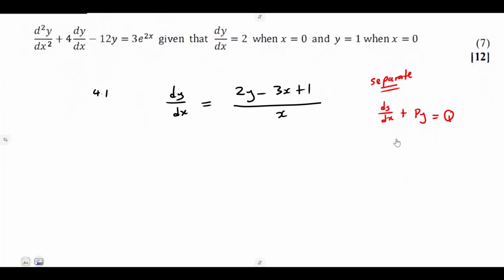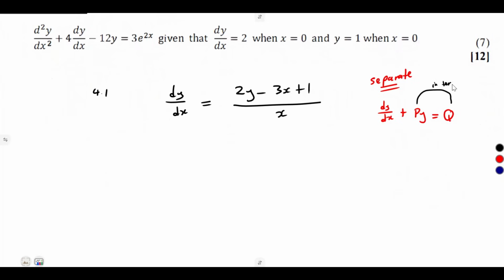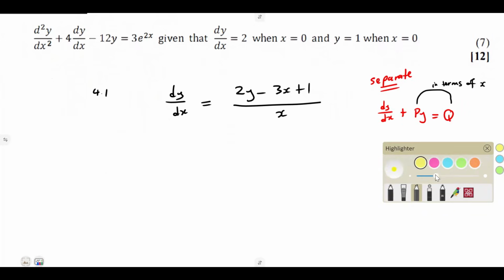So let's try to separate to obtain this condition, dy/dx on its own, then p in terms of x, and q in terms of x. How is that possible? There is only this part of y that we are given here, the 2y.